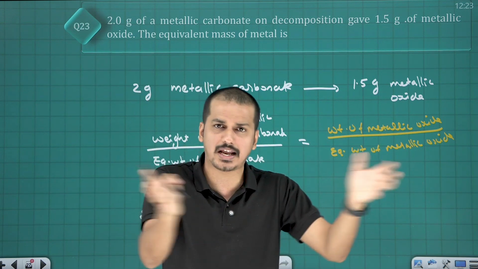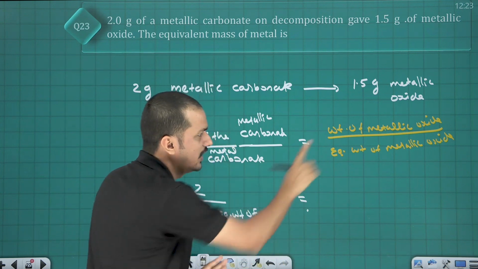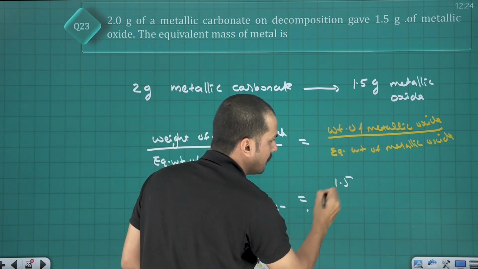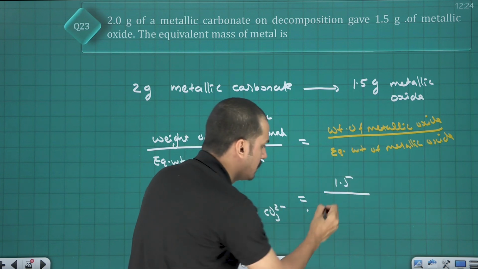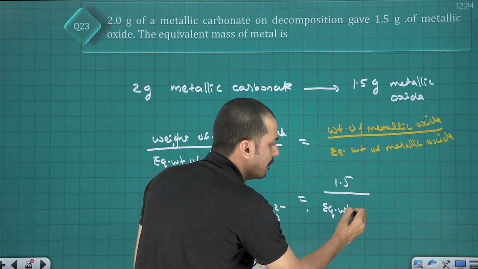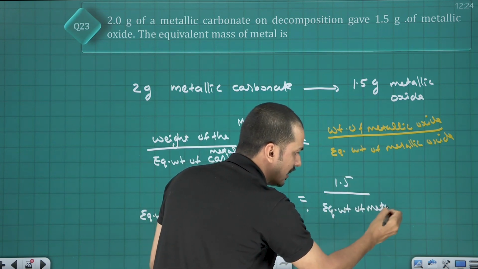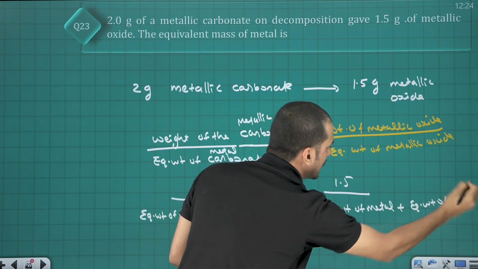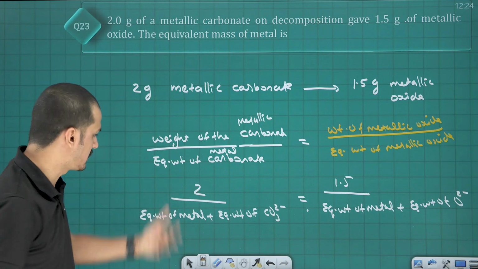Next, the metallic oxide given is 1.5 gram. Equivalent weight of metallic oxide means equivalent weight of metal plus equivalent weight of oxide, O2 minus. Now we can substitute the values.